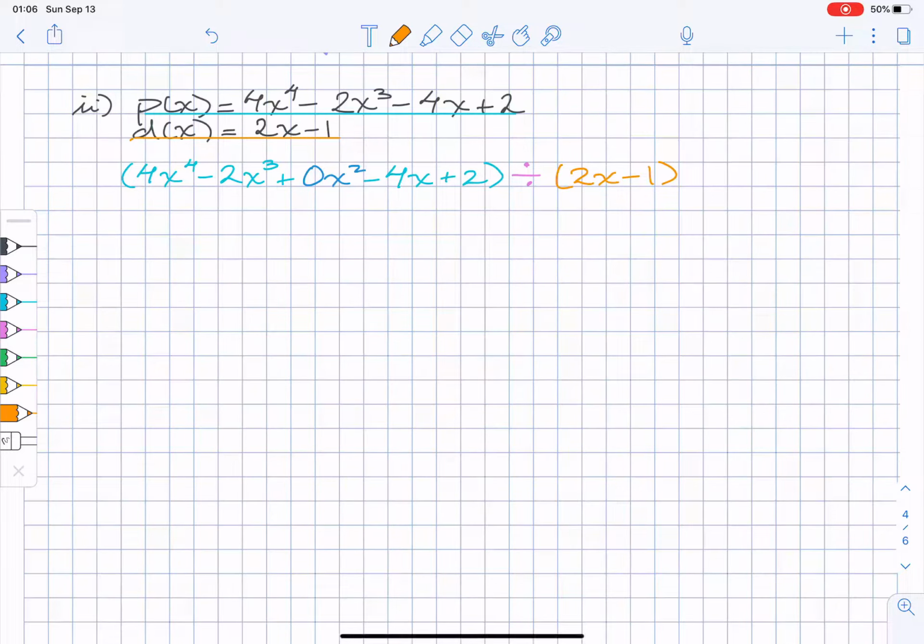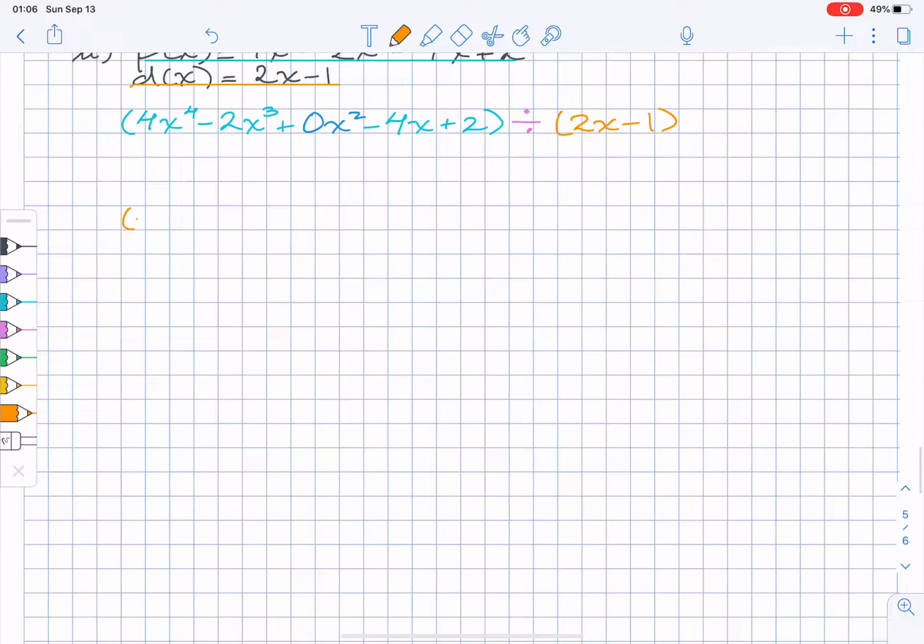Okay, so now let's go ahead and do polynomial long division. So 2x minus 1 into 4x to the 4th minus 2x cubed plus 0x squared minus 4x plus 2.